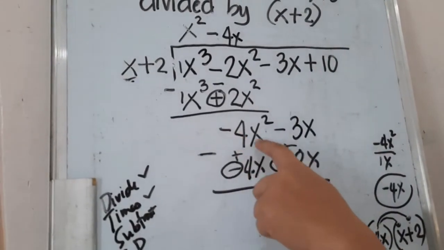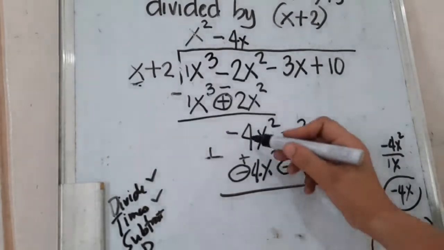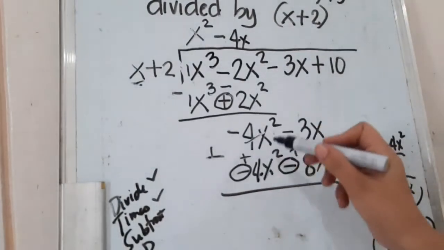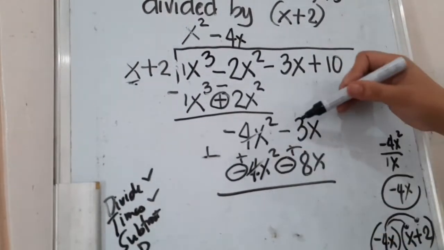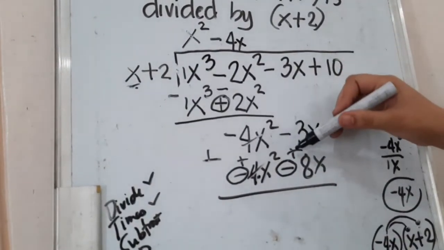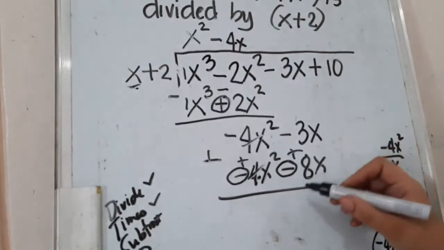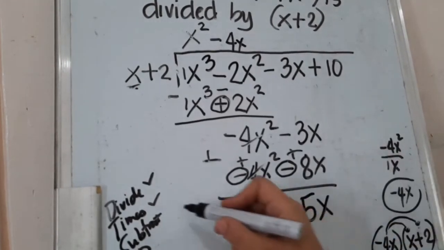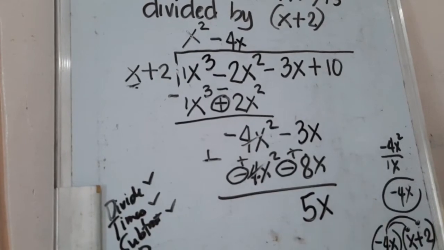Negative 4x squared plus 4x squared is automatically equal to 0. We don't need to write it anymore; you can cross it out like that. Next, negative 3x plus positive 8x, applying the rule of addition, the answer is 5x. So we are done with subtraction.